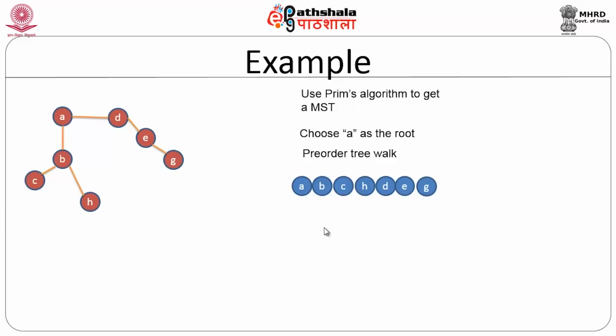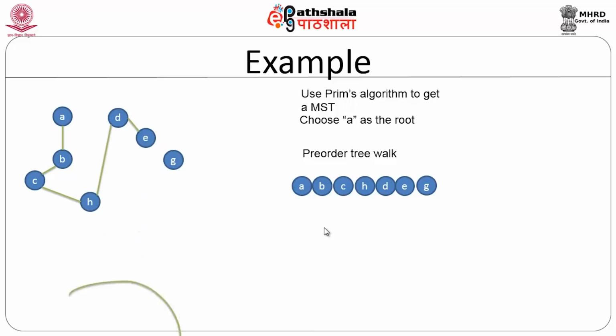But this is not a traveling salesman problem solution, because in the traveling salesman problem we have to start from A and then we have to end in A. That means there is no route from H to D. So, what I will try to do is introduce a path artificially, so that I can have a path like this.